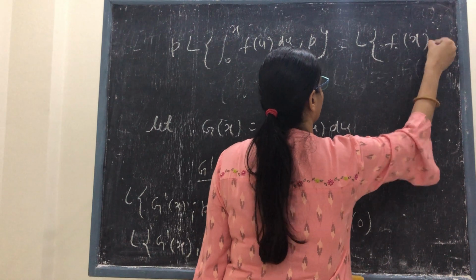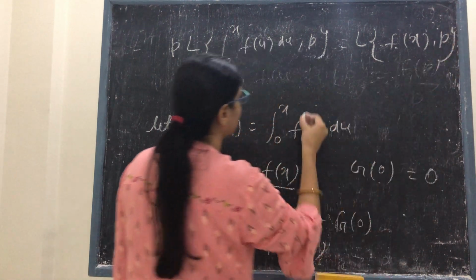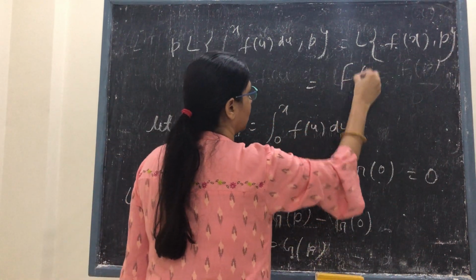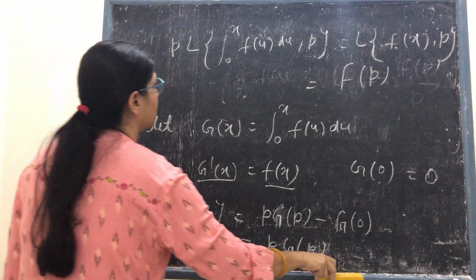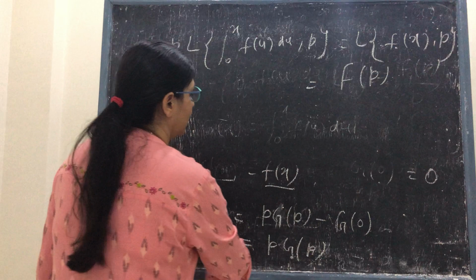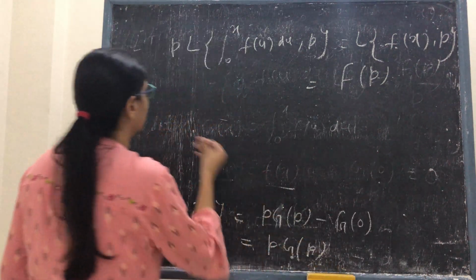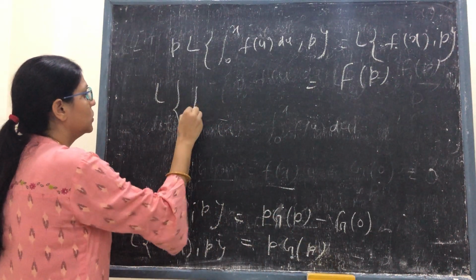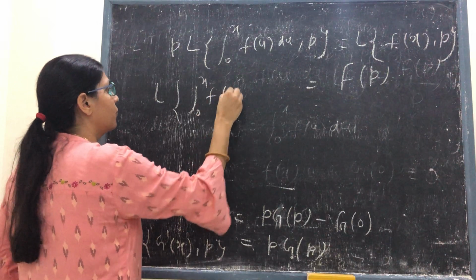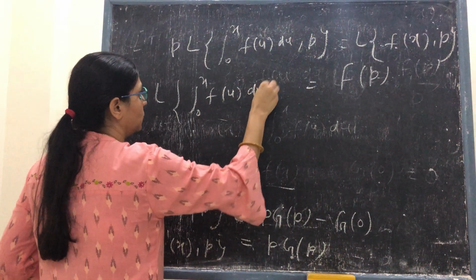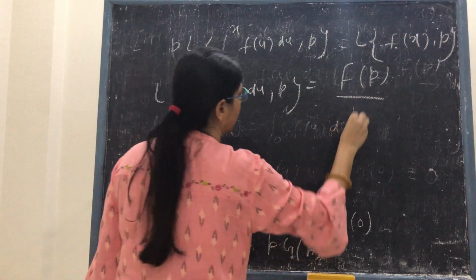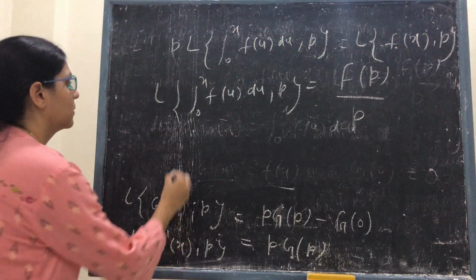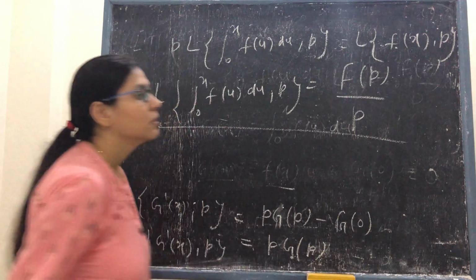The Laplace transformation of f of x, we know, is f of p. So from this we can say that the Laplace transformation of the integral from 0 to x of f of u du is equal to f of p over p. It's very simple.